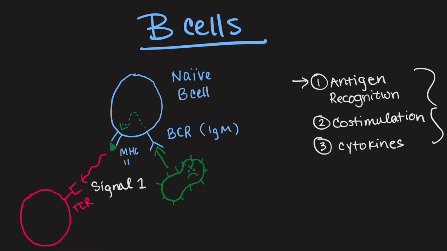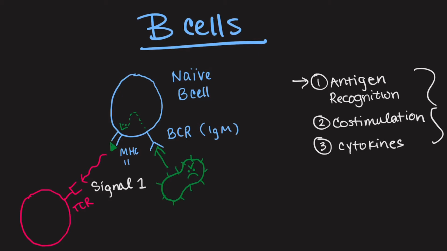Okay, and so what is the next step? So now the T cell says, hey, I see that you have something. Now the T cell needs to either say it's dangerous or it's not dangerous. And the way it tells the B cell if that is dangerous is through a ligand called CD40 ligand.